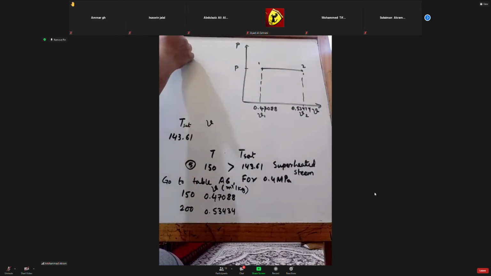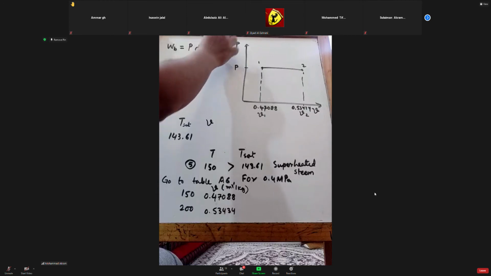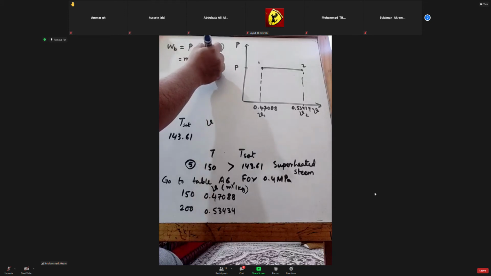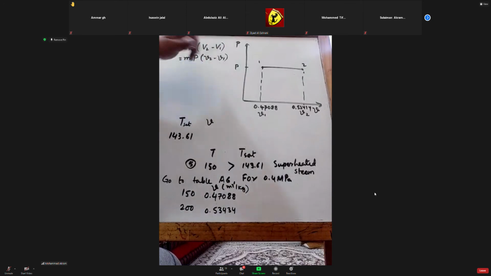Now the work is, I have written two equations if you remember. It is the P dV, or P times delta V, that is P times V2 minus V1, or M into P into V2 minus V1, because M into V is the same.